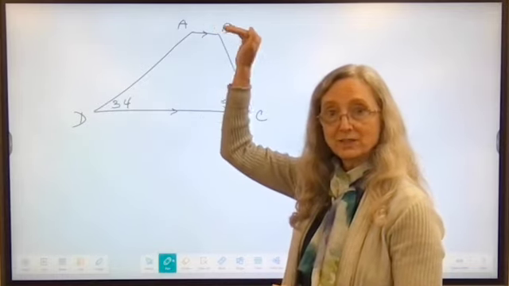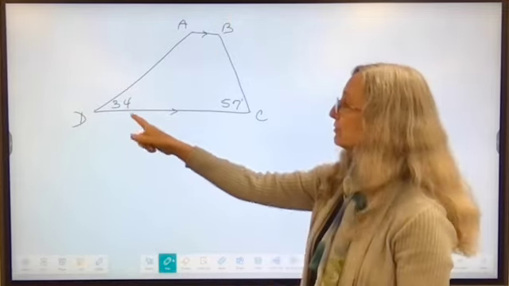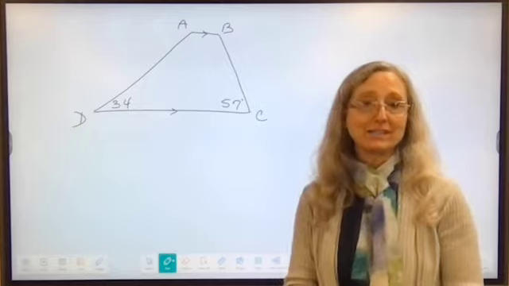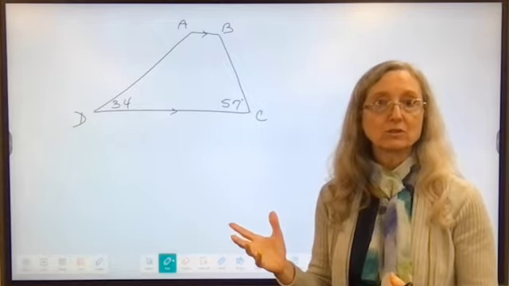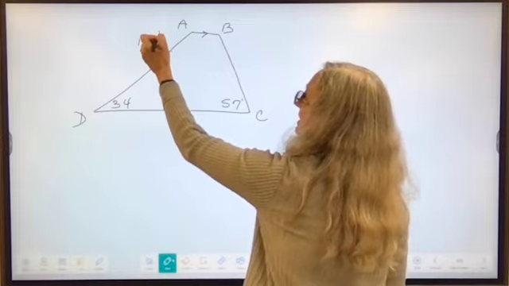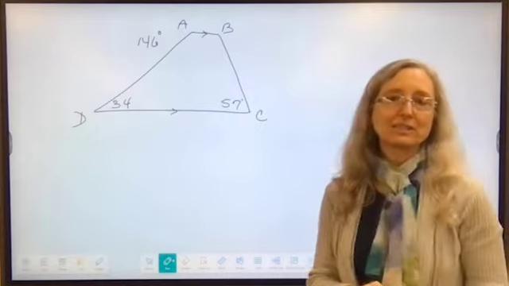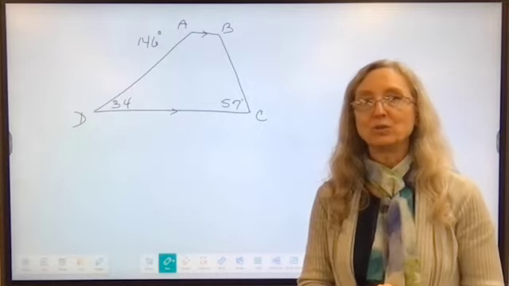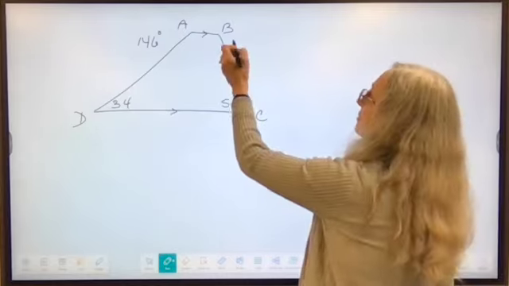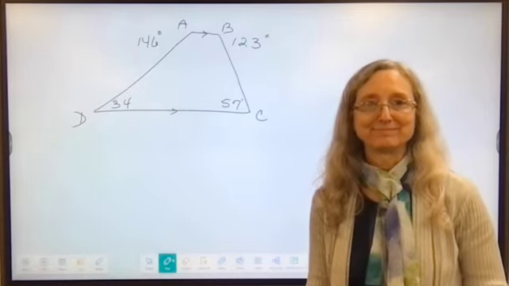Because these two lines are parallel, these are going to be same side interior. So if you take 180 and subtract 34, you would get 146. So angle A is 146 degrees. And if you take 180 and subtract 57, you get 123. So this one would be 123 degrees.